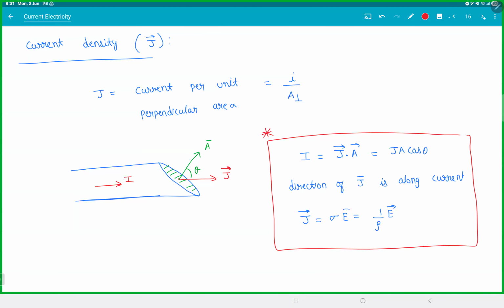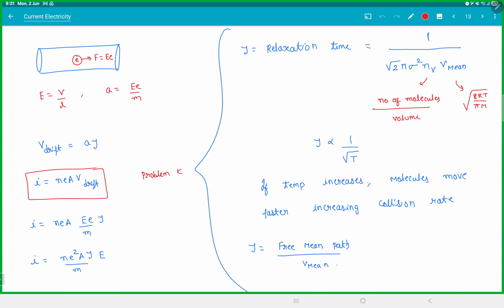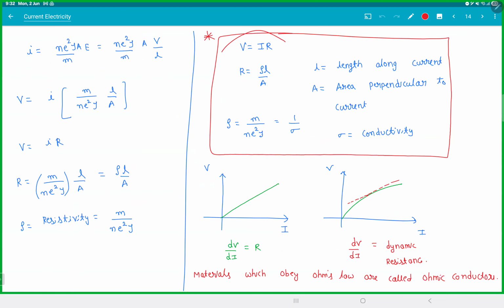So how many formulas are there in total? You should remember them. The first one is I is equal to nEA v drift. You can note it down. We will need these formulas. This is the first thing you need to remember. V is equal to IR, and R is rho L by A. It's okay if you don't remember this, as mains generally won't touch it, but advanced may.